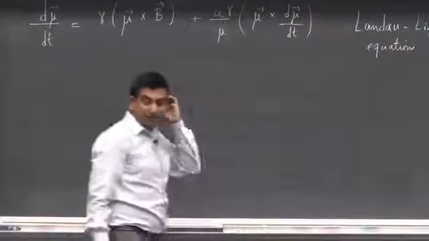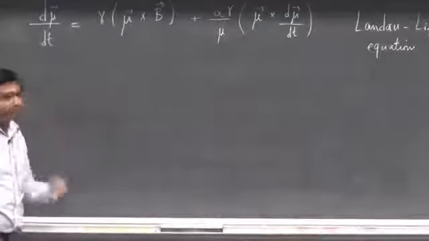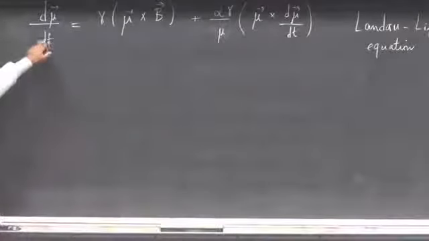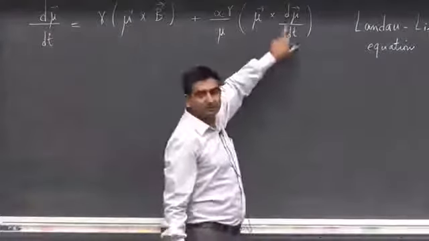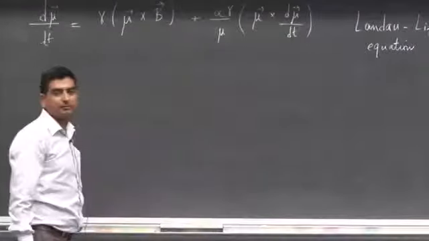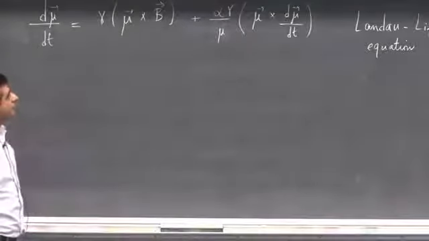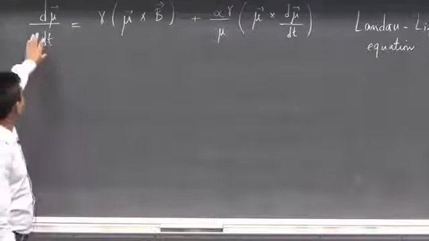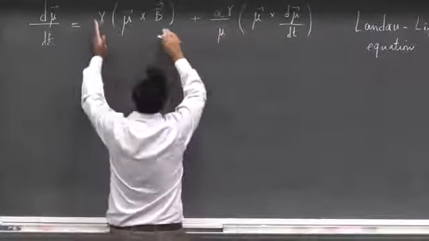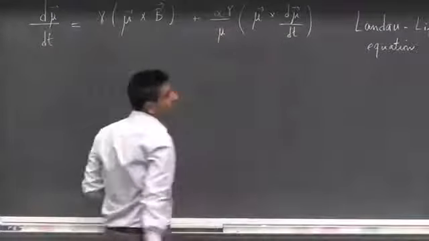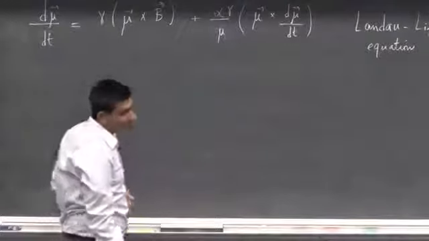Now you need to solve this equation. The problem here is that you have d mu over dt here and you have d mu over dt here. So what you would like to do is pick up this value of d mu over dt and put it in here. You would like to do a recursion.